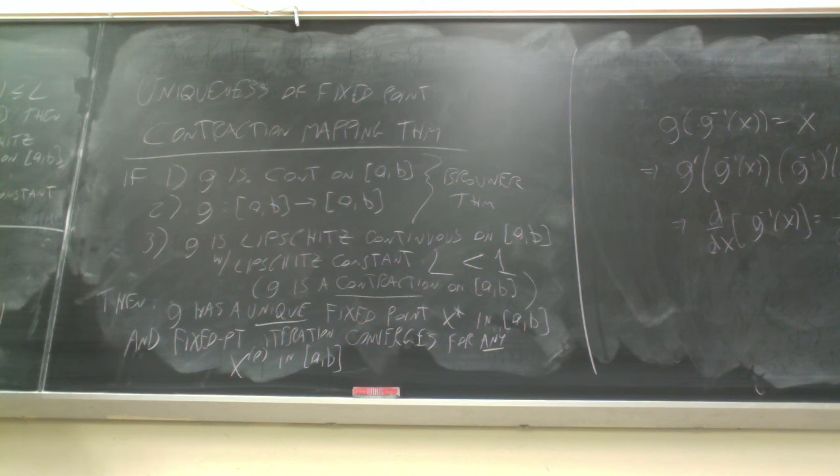So in that example I did with g of x equal e to the minus x, I could show that that function g does in fact satisfy all three of these conditions, and sure enough, fixed point iteration worked in that case. So a bit more stringent conditions than we had for bisection, where all we required was continuity and a sign change. But at least we have something here.